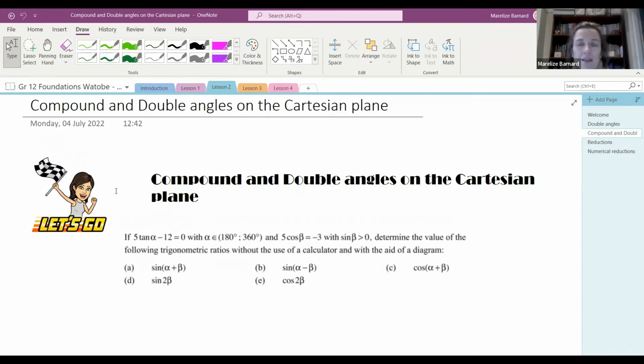Then the next thing is to do this on the Cartesian plane. Then we're going to do reductions, then identities, and then solve equations. So basically everything you've done in grade 11, all the trig you've done so far, we do it again just with compound and double angles. So reductions with compound and double angles, equations, etc.